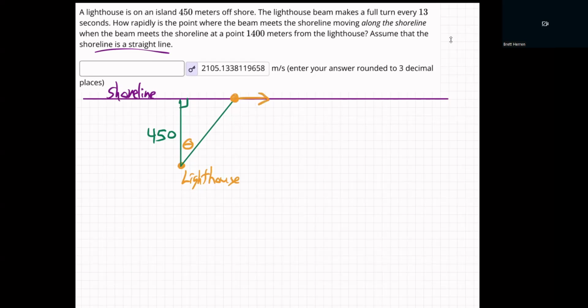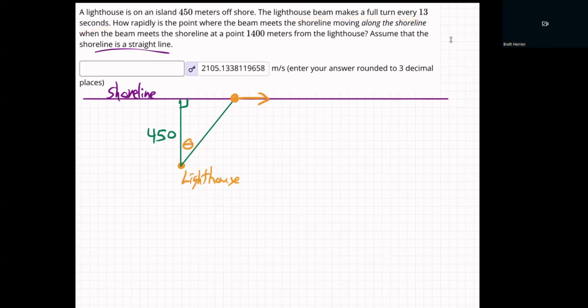I don't know if it's right or left, we'll just say that way, as the thing turns around. The light runs along the shore, right? As the light beam spins around. The lighthouse beam makes a full turn every 13 seconds. Okay. So there's our picture.